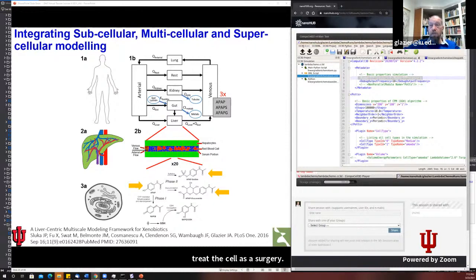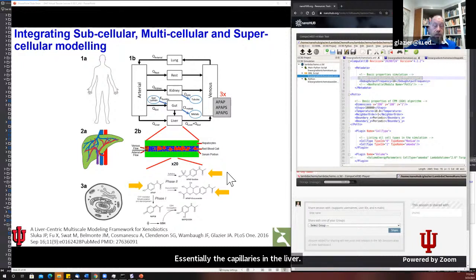And so in this picture I've got up on the screen, this is from a liver model that we did a few years ago. This is a model of transport where there's a multicellular model in the middle here, which is representing the flow of blood in what are called the sinusoids, essentially the capillaries in the liver. The green cells are the hepatocytes on the boundaries of the sinusoid.